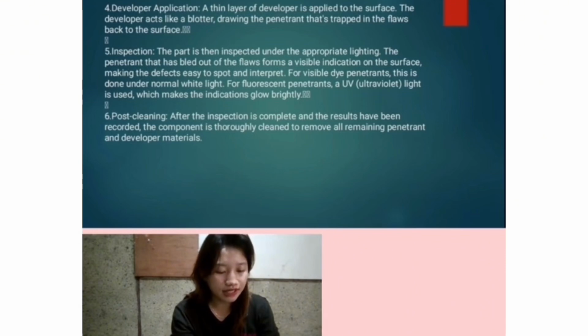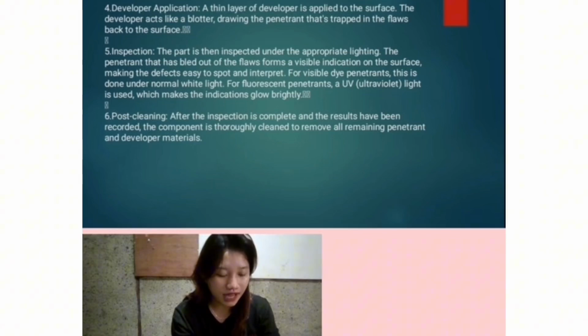The part is then inspected under appropriate lighting. Penetrant that has bled out of the flaws forms visible indications on the surface, making the defect easy to spot and interpret.